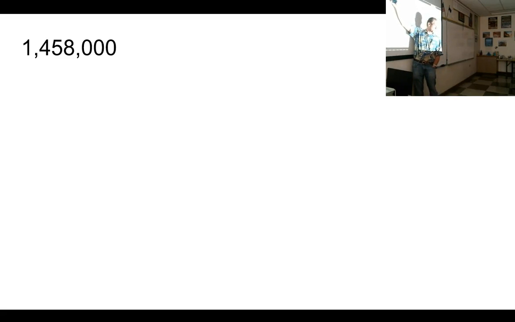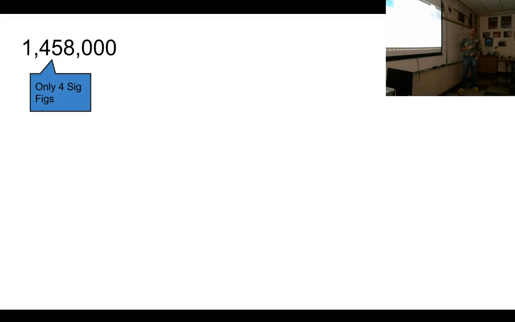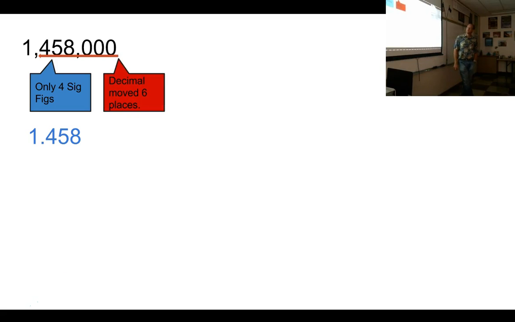You only write the significant digits. Times 10 to the what? 6. Because I will have to move the decimal point 1, 2, 3, 4, 5, 6 times to make the number reappear. So 1.458 times 10 to the 6th. Only 4 significant digits, so I express 1.458, and then the decimal moves 6 places.